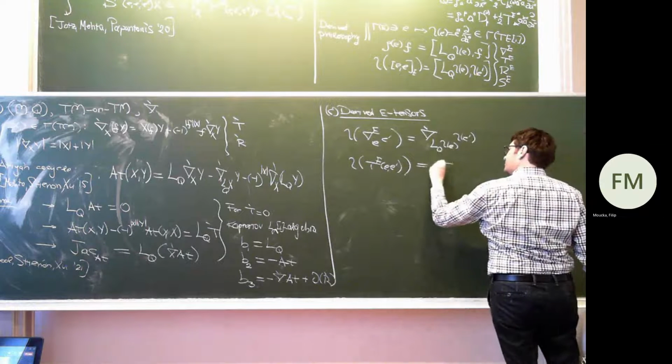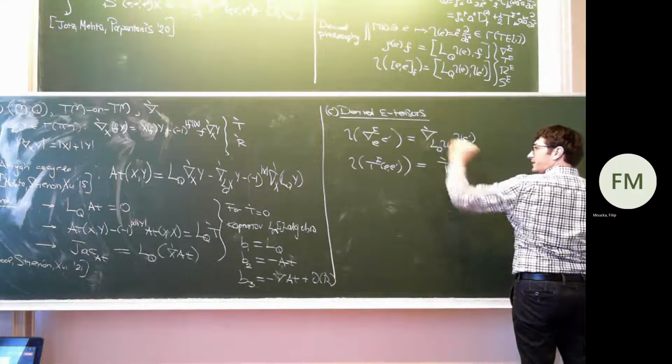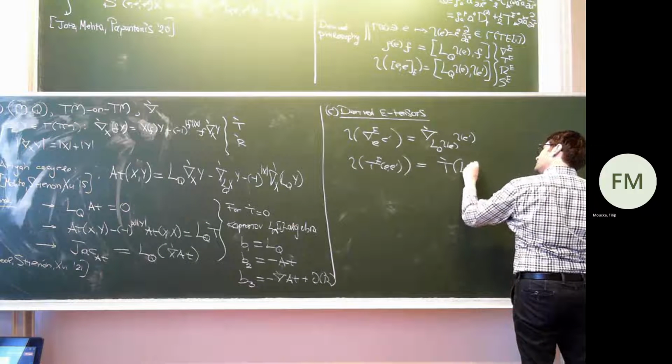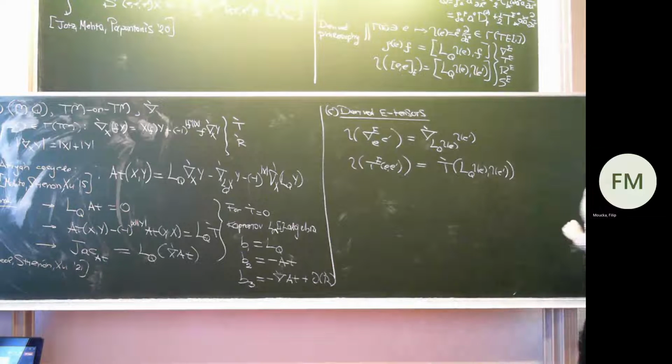And the answer to this question is the following. This is equal to the torsion of the graded connection, LQ iota E prime, but not only that, plus the Atiyah cocycle on first here, iota E prime.